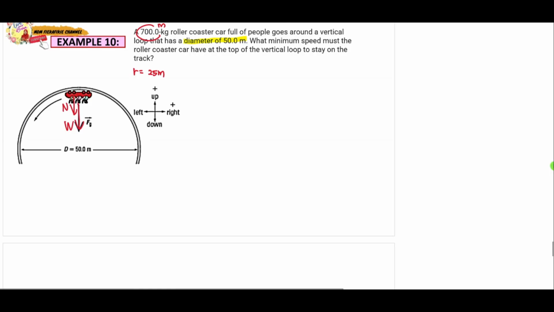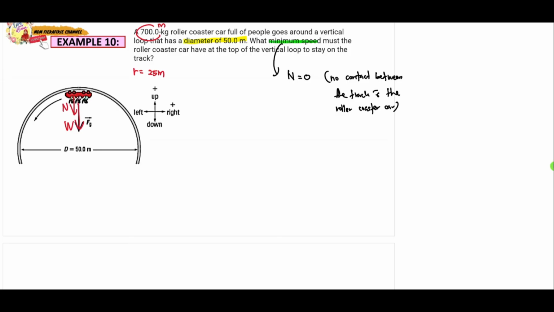Okay, soalan ini so you need to consider n is equal to 0, means that no contact, we consider no contact between the track and the roller coaster car.